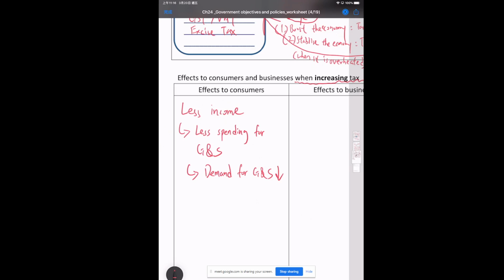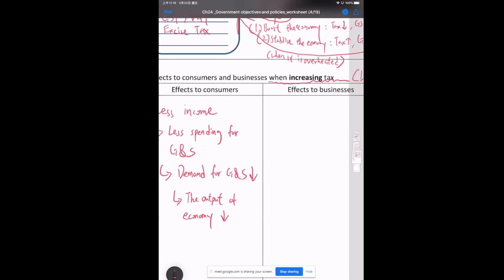So you can tell, if the demand for goods and services is going down, then at the end the output of the economy will go down. The reason why the output of the economy will go down, we can look at the effects.